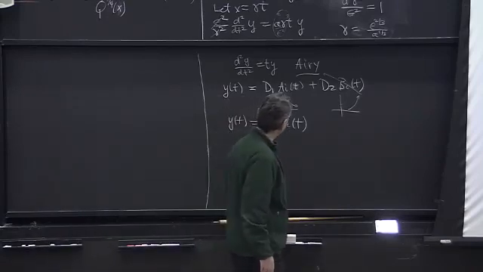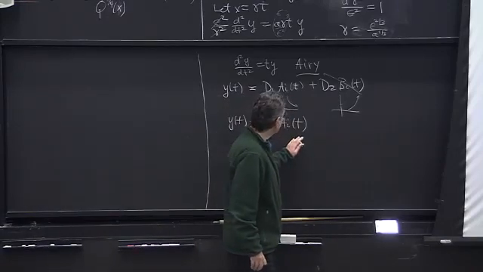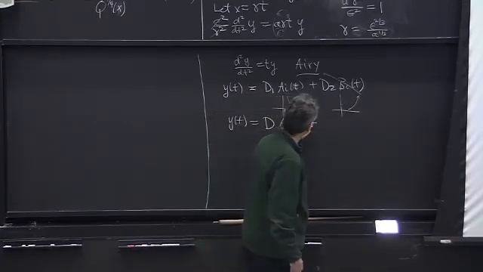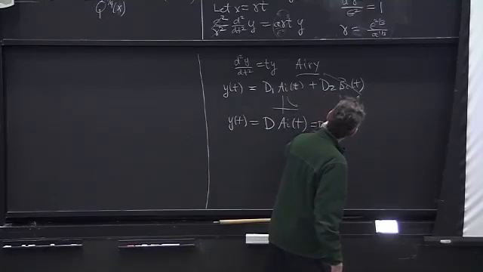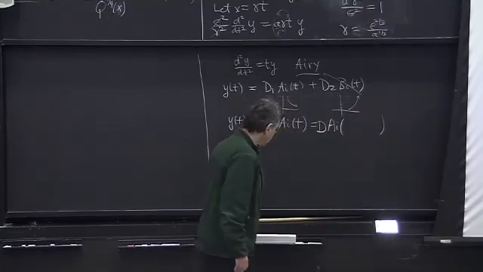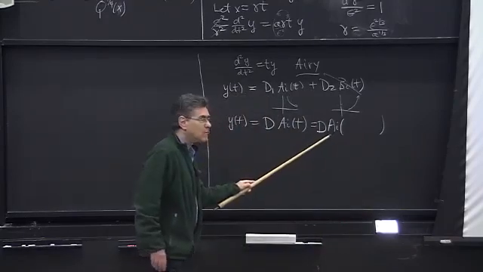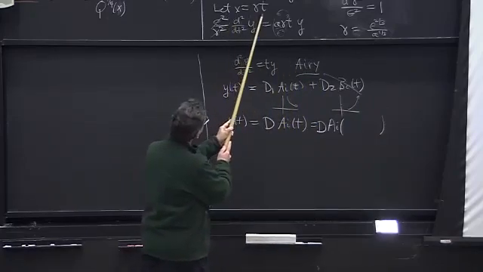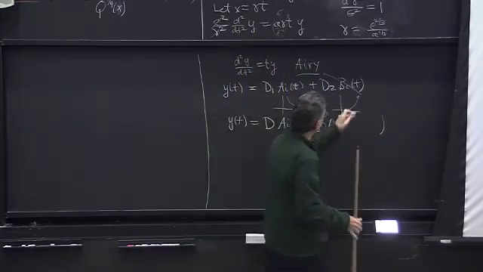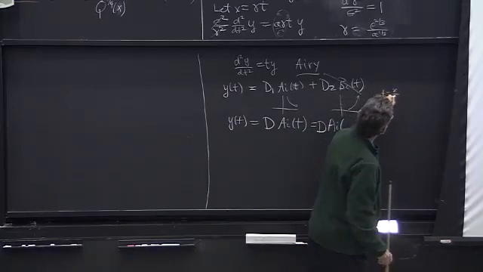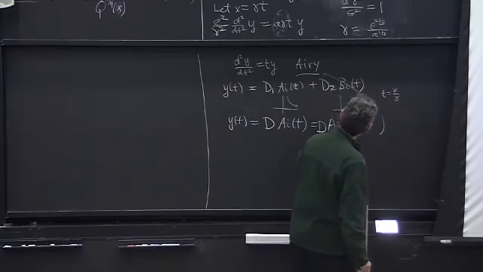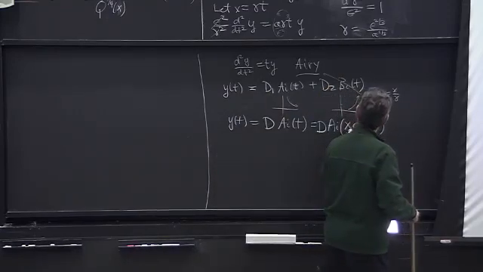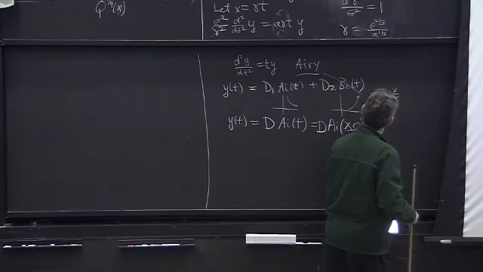So this is the solution, but I don't want the solution in terms of t. We're looking for a solution in terms of x. So this becomes d times Ai of, now what is t from this equation here? t is just x over gamma. So I have to write down x divided by gamma, which is a to the 1/3 over epsilon to the 2/3.